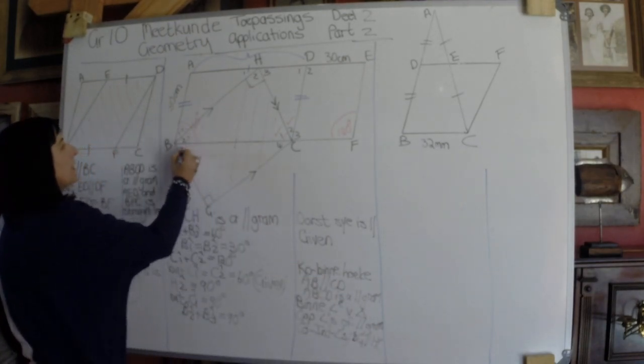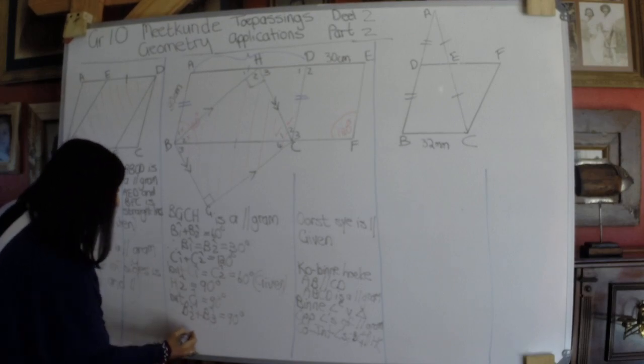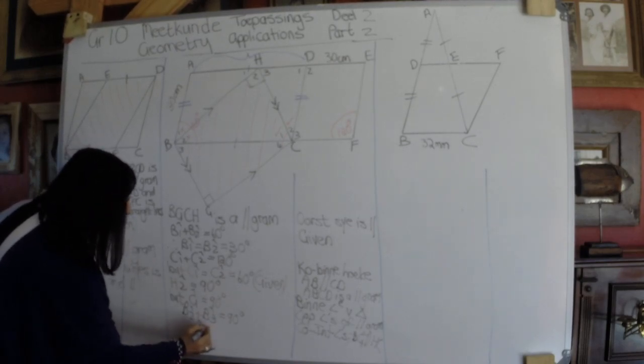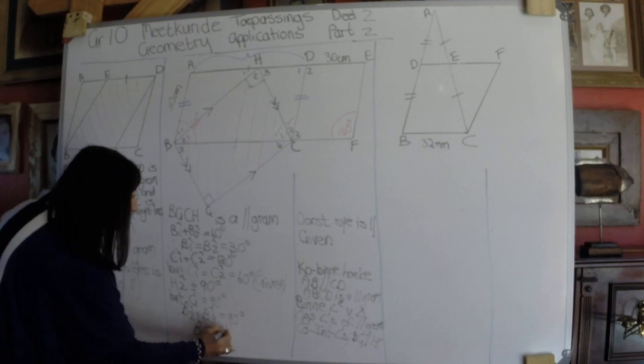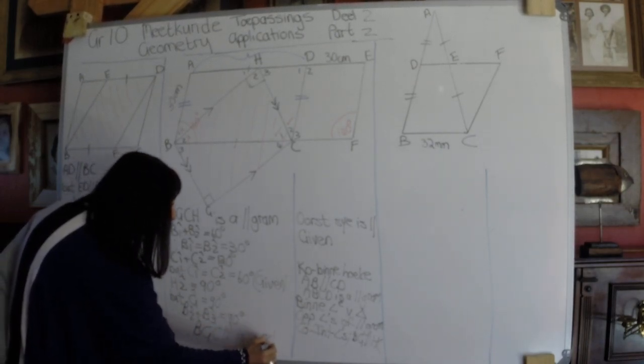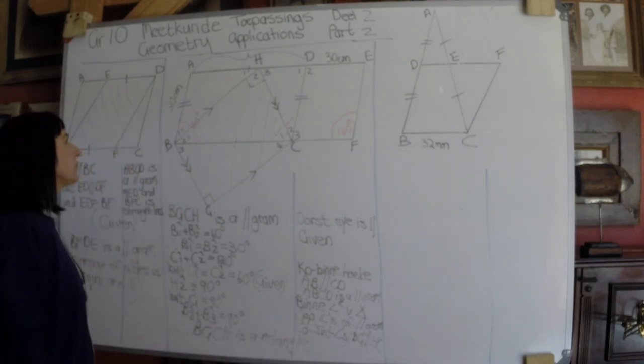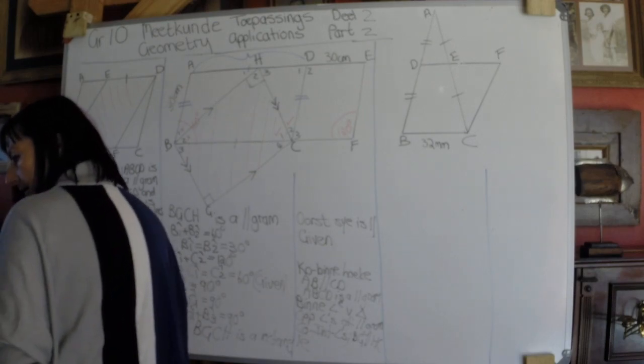And now we've got the 90 degree, 90 degree, 90 degree, and therefore BGCH is a rectangle. The interior angles are all equal to 90 degrees.